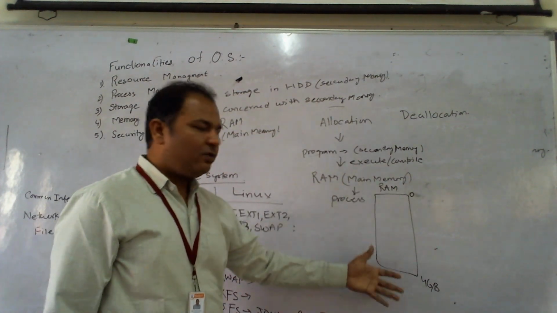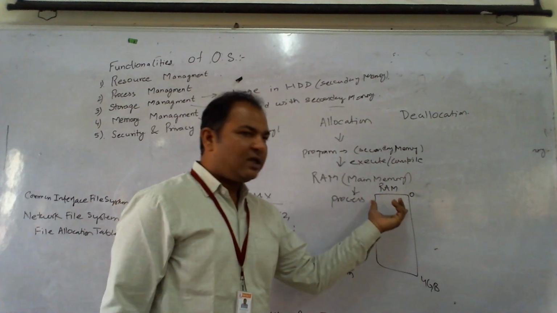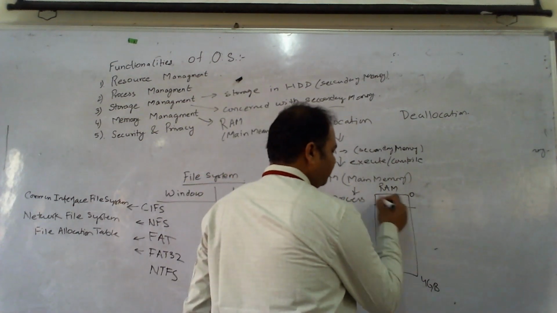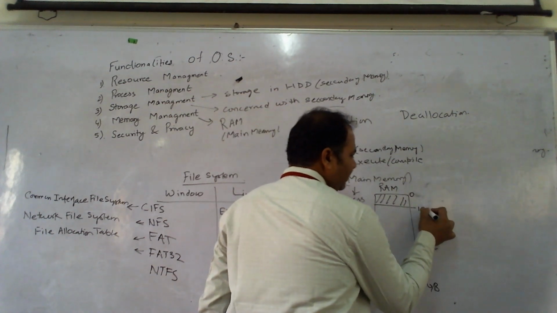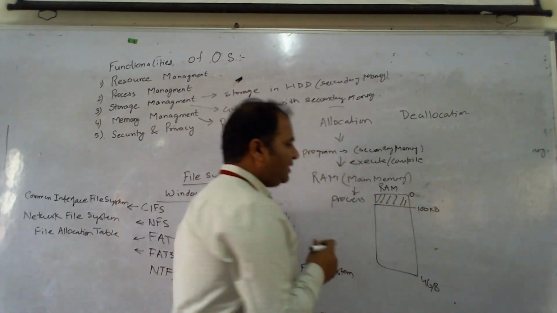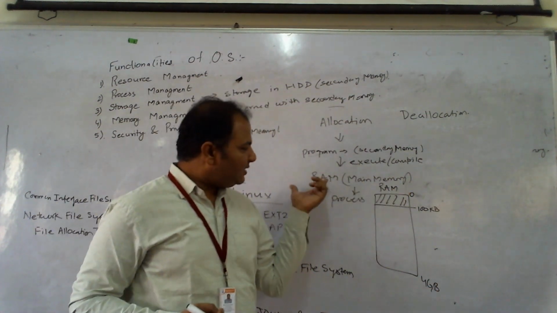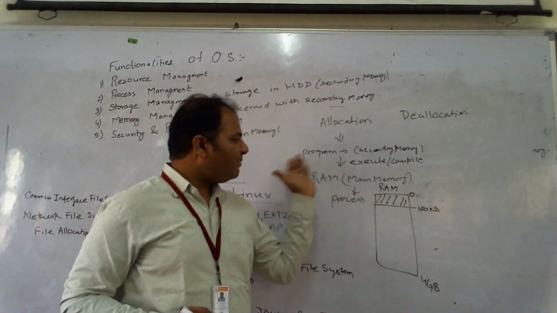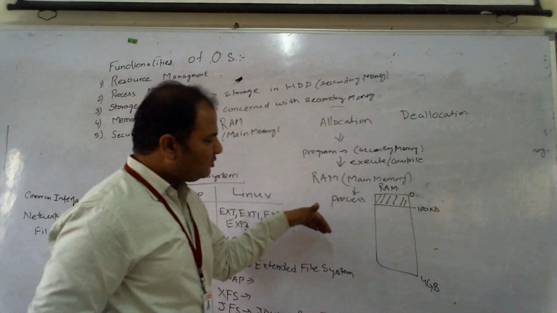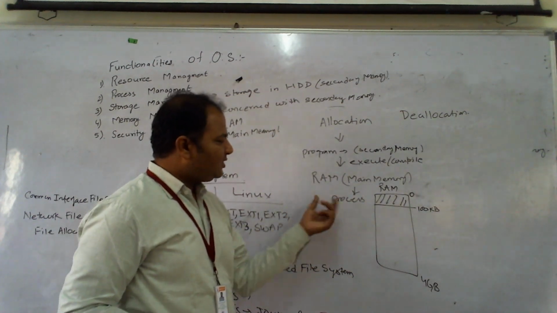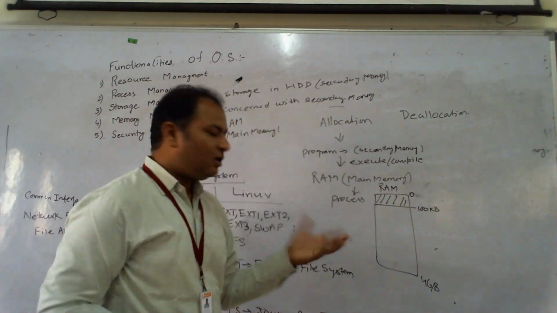Suppose this is the RAM of 4 GB, and this process goes to the RAM and takes some space, suppose 100 KB. Now this is called allocation. The program entering the RAM is called allocation, and when it lies in the RAM, it is called a process.